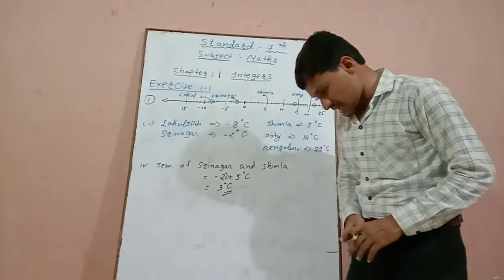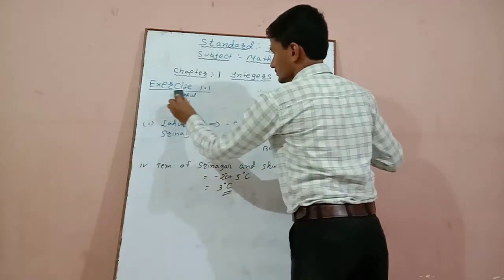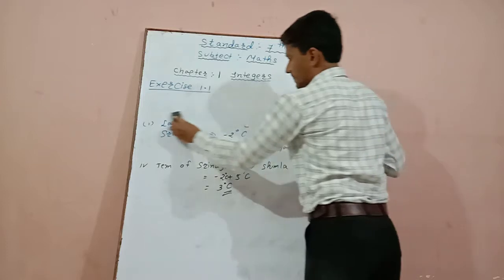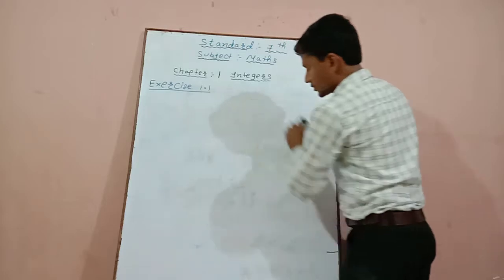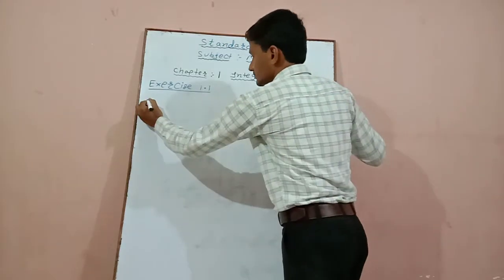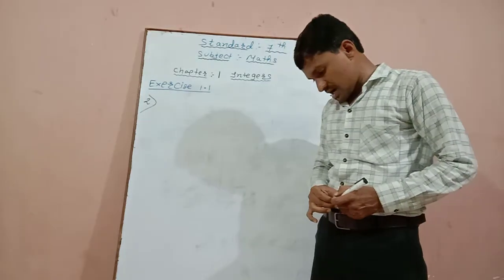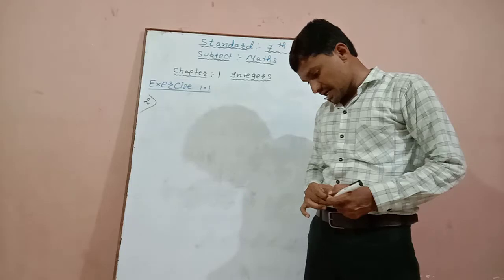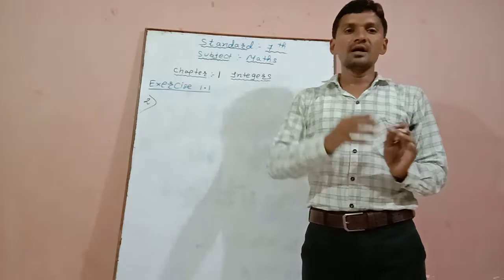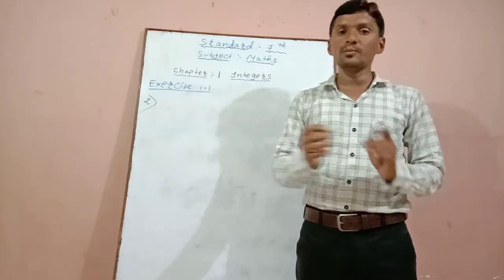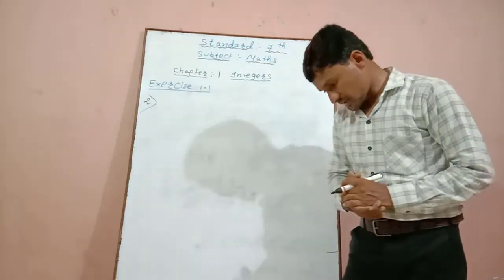Okay, now let us start question number 2. Question number 2 is, in a quiz, positive marks are given for a correct answer and negative marks are given for an incorrect answer. That means for one correct answer any positive number is given and for an incorrect answer any negative number is given.